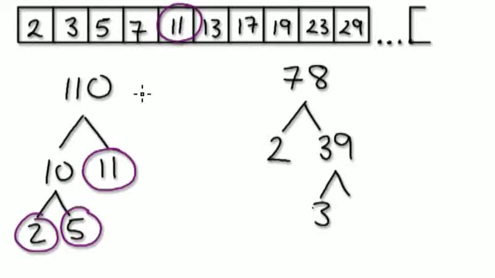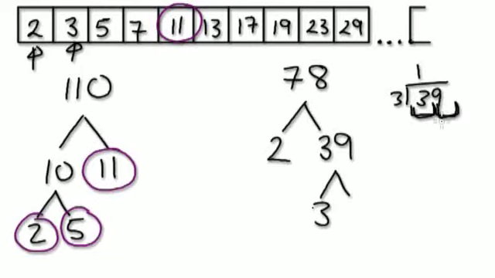So basically, you just guess. You could try to divide 39 by 2, but 39 is an odd number, and my next guess is 3. So visualize the 39 as 3 times 13.